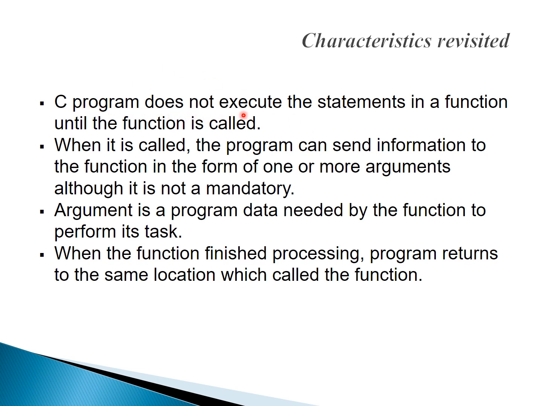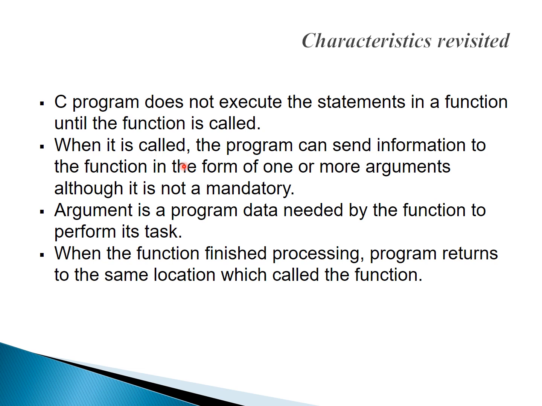A C program does not execute the statements in a function until the function is called. Remember that if we have four functions and we haven't called any of them, the statements within those functions will not be executed unless you call them.